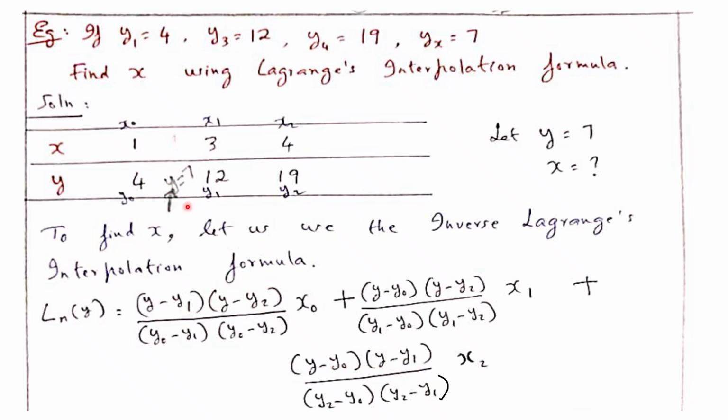So you get y minus y naught, then y minus y1. That's all. Now divided by, wherever there is y, you replace with the y2. So y2 minus y naught into y2 minus y1.